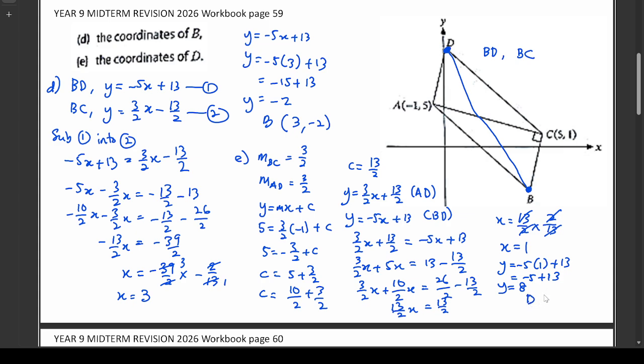So coordinate D is 1, 8. This is the coordinate D. Okay, you can sub in any of the two equations that you solved.